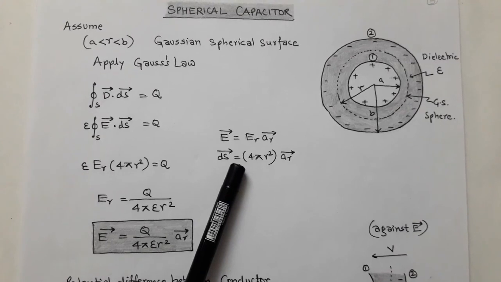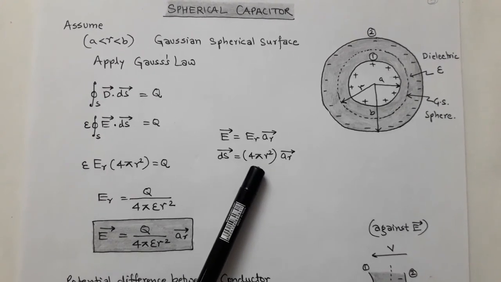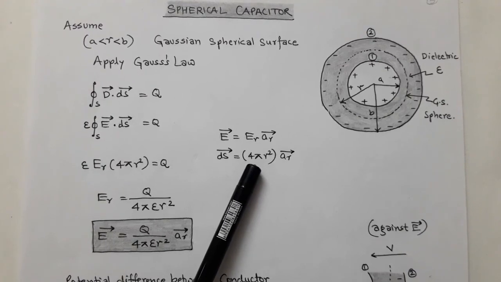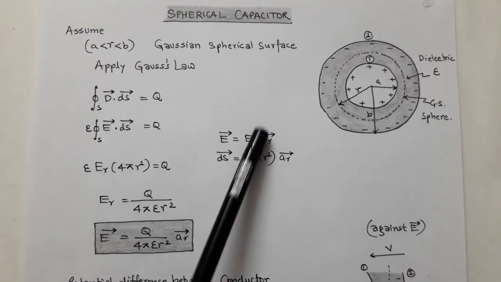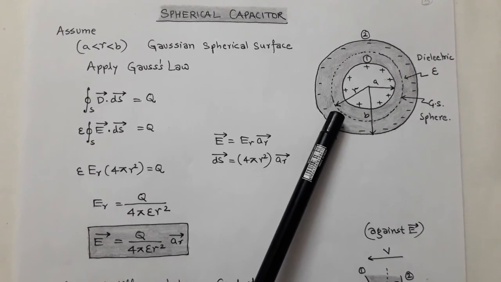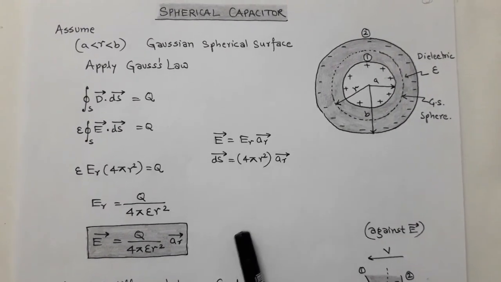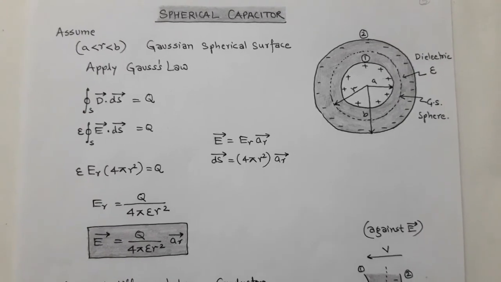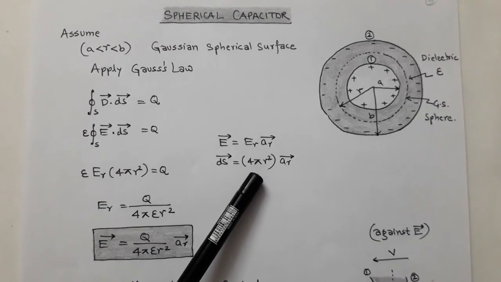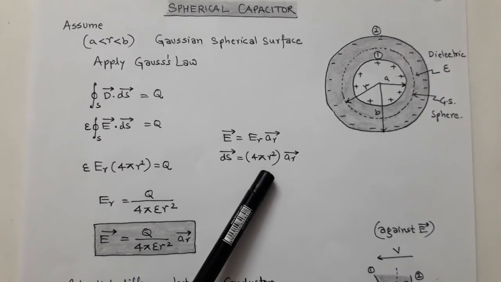For the dS vector, that is the differential surface, the surface area of a sphere is 4 pi r square, which is the surface area of the Gaussian spherical surface. So in place of the dS vector we can write 4 pi r square unit vector r. After taking the dot product we get only the r component.